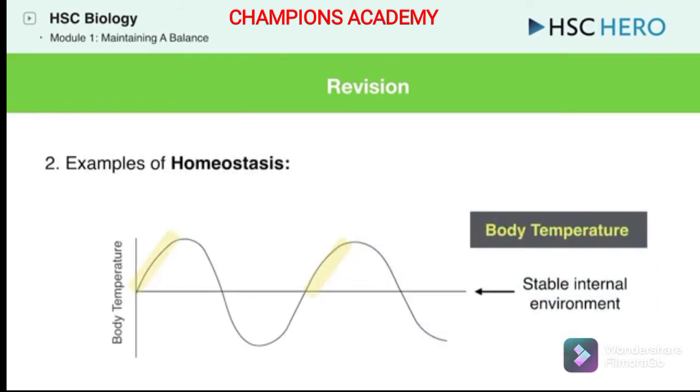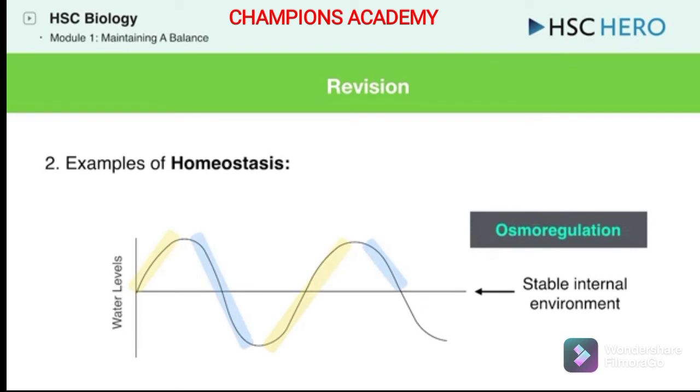Secondly, let's recall homeostasis using body temperature as an example. An increase in the body temperature will cause the body to reduce it as a response. This decrease in temperature helps the body reach its optimal temperature. Similarly, if the body temperature decreases too much, our body will activate warming mechanisms to increase its temperature and keep it close to its optimal temperature range.